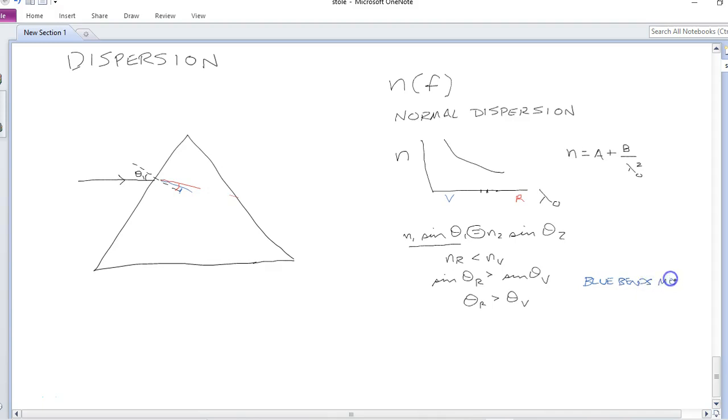There's a little bit of alliteration with the blue and the bends. Blue bends more, violet, meaning more than red. And then you can throw in violet bends most. I don't know if that helps you or not. But violet bends more than red.